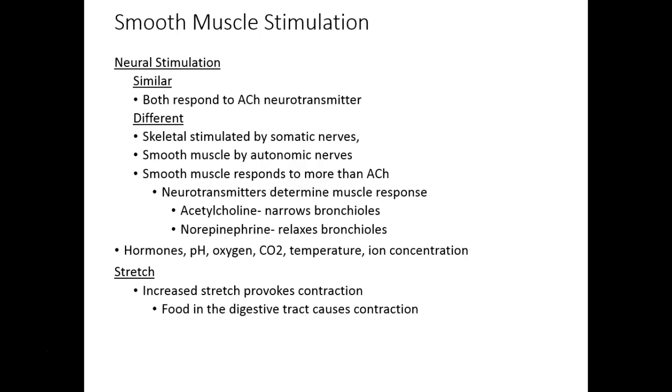Other things can affect the way that smooth muscle contracts, such as hormones, changes in pH, respiratory gases such as oxygen and CO2. Temperature can cause blood vessels to dilate or constrict, and remember, blood vessels are lined with smooth muscle. And ion concentration, which has an effect to change pH or change the concentration of fluids in and around these cells, can cause the cells to relax or to constrict.